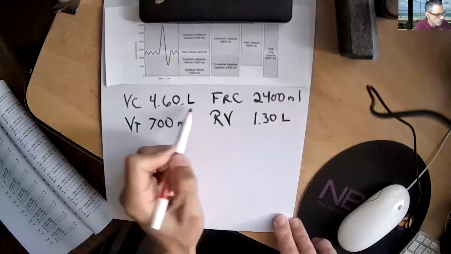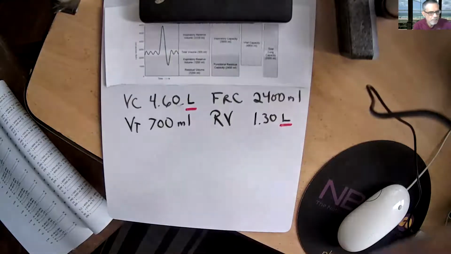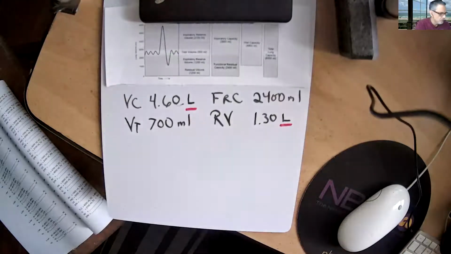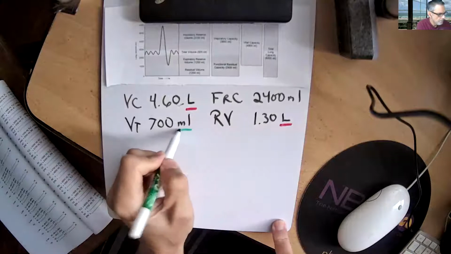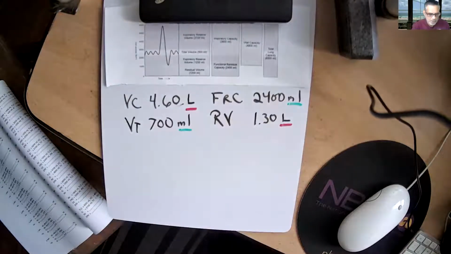I've given some in liters, and I've also given other values in milliliters. So step one is just to make sure that you're in the same unit of measure before you start plugging numbers in. That's always important, okay?